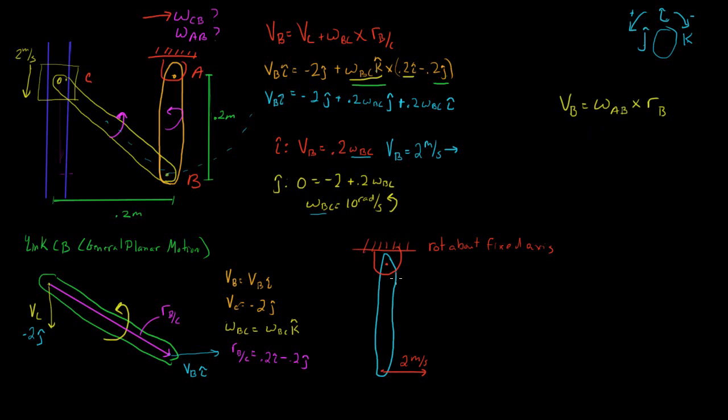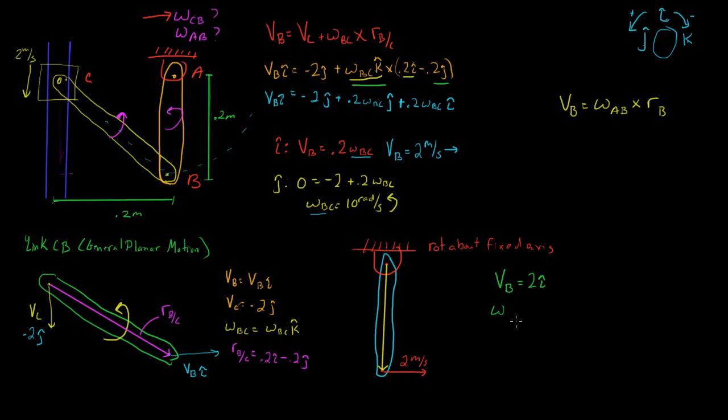So right here, that's just going to be this distance. I don't really want to jump ahead, so I'll just do this out in order. My VB is equal to 2i, right? It's moving in the positive i direction.